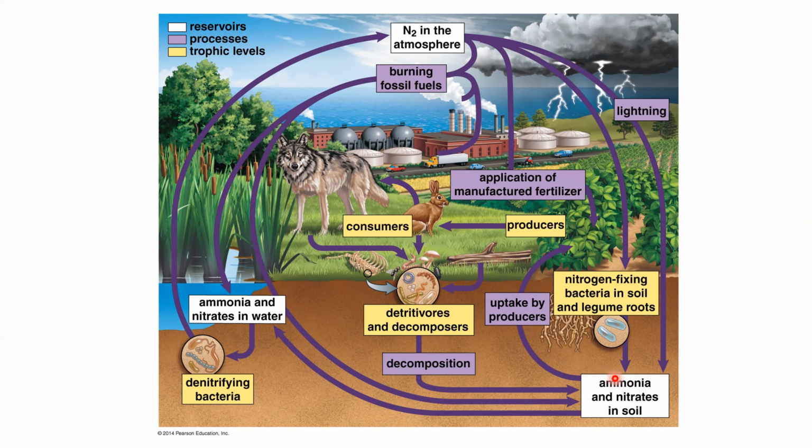And then this ammonia and nitrates are available for plants, for producers, and then for consumers. Now, consumers don't exhale it, right? Because they cannot convert organic back into inorganic form inside their bodies. It stays as proteins and DNA.